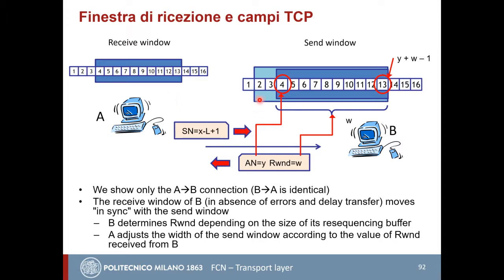So you have the resequencing buffer, that is the light blue rectangle. Inside the resequencing buffer, there is the receive window, that is the dark blue rectangle.